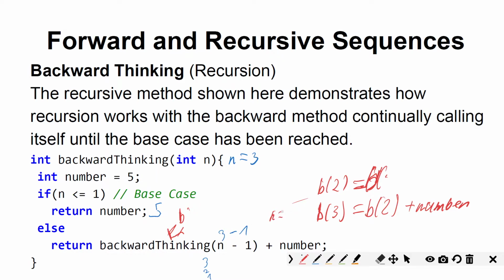I need to write n equals 3, n equals 2. And when n equals 2, 2 minus 1 is 1, plus the number. If n is less than or equal to 1, we call b(1). b(1), as you see, is the base case, and it returns 5.